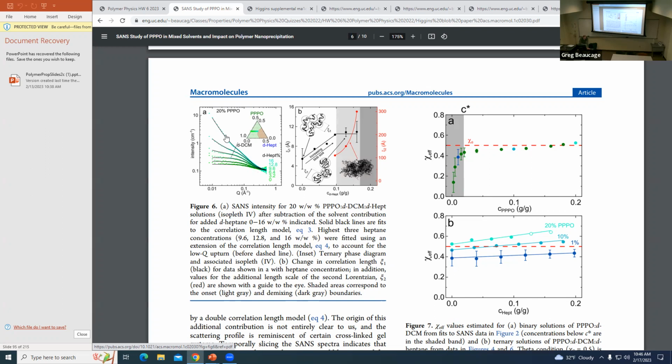Their low Q Ornstein-Zernike is this thing, which is just a straight line. There's no knee. So you can't measure RG if you have no knee. You can't get it. So basically, this could be as large as it wants to be. This is another problem with that Ornstein-Zernike. It's giving you a size where there is no size. This line could keep going out to like a meter, literally.